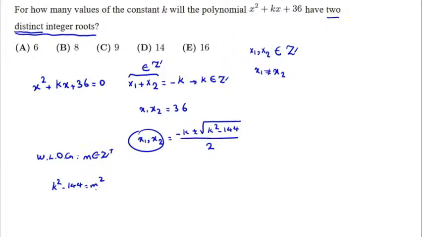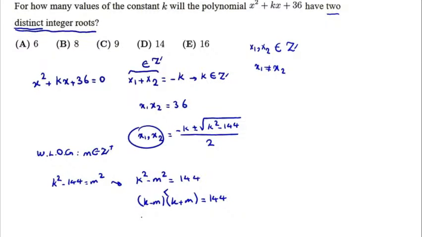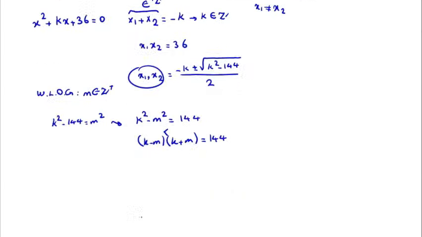Because if m is negative, for some negative 2, you can say plus 2. Because k is what is important for us. Now, we can conclude k squared minus m squared equals 144. Now, k minus m, if you factorize, times k plus m, equals 144. Because m is positive, it is not important whether k is positive or negative. Because m is positive, k plus m is greater than k minus m.